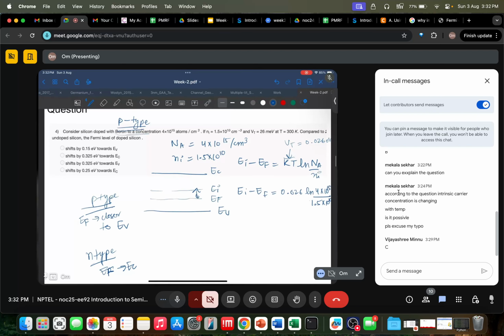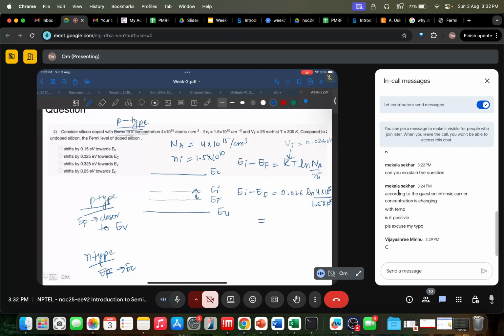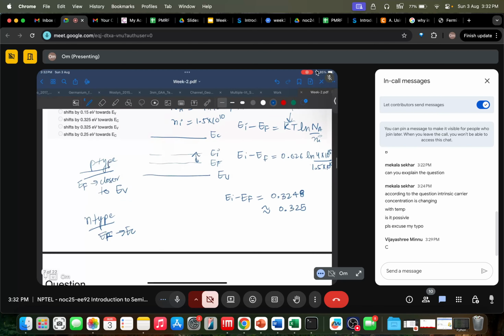Okay, so now if we solve this, we will get Ei minus Ef is 0.32, almost equal to 0.325 electron volt.